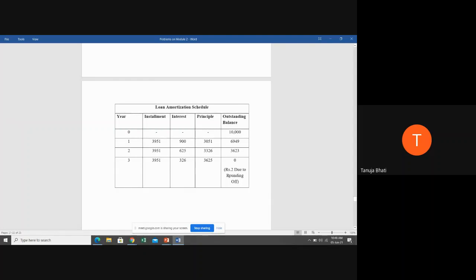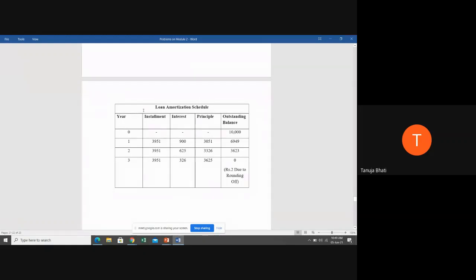In your final examination, just write 0, and whatever difference you get, minus 2, minus 5, minus 4, just write that it is due to rounding off, if you're considering whole digits. If you're considering decimals and getting exact 0, there is nothing to worry about. A difference of up to a few digits can be considered, only due to rounding off.